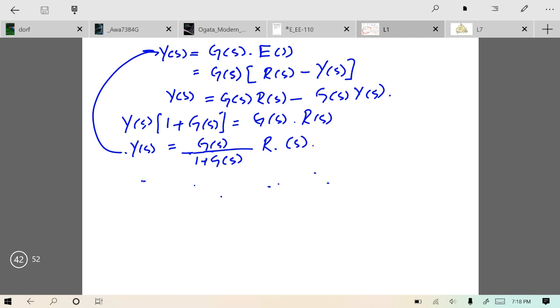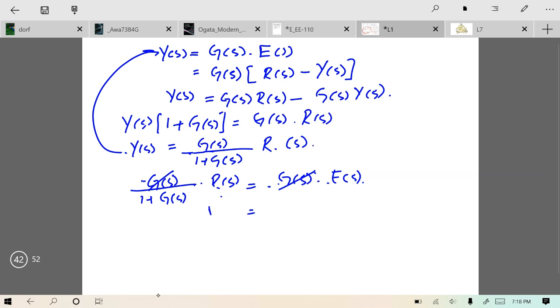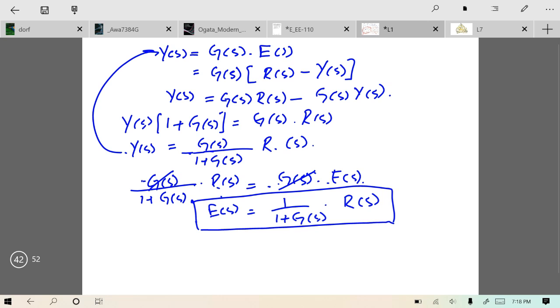If I put the value of Y of S over here, it would be G of S over 1 plus G of S into R of S is equal to G of S into E of S. So E of S would be 1 over 1 plus G of S into R of S. So this is the error signal in case of unity feedback.